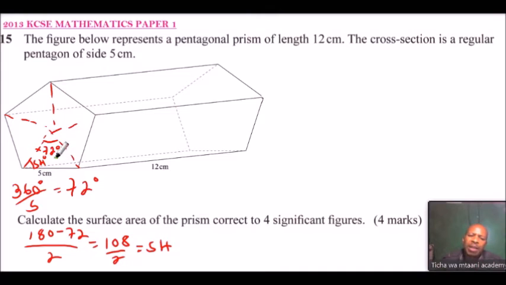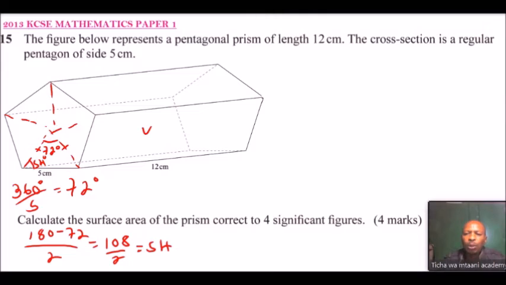So what we need to do here is to get the area of one triangle, multiply by 5, multiply by 2 because of the other side, and that will be the area of the two sides. Then we calculate the area of each rectangle here, where the width is 5, length is 12. We multiply by 5, and that will give us the surface area.